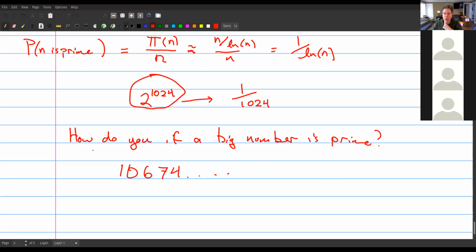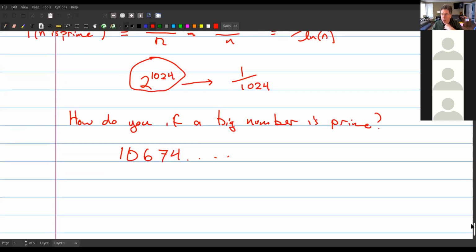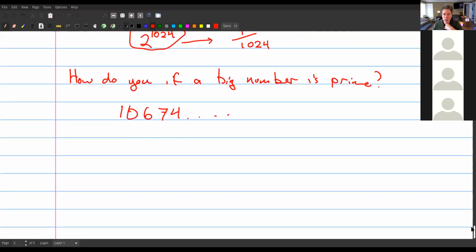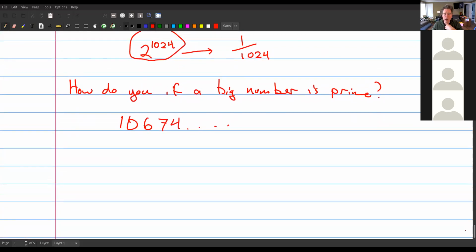That's exactly why we use numbers that big, because they're too big to factor. That's what gives RSA its security. But you might think there would be a way to determine whether a big number is prime without factoring it. And it turns out that there is a way. There are things called fast primality tests.